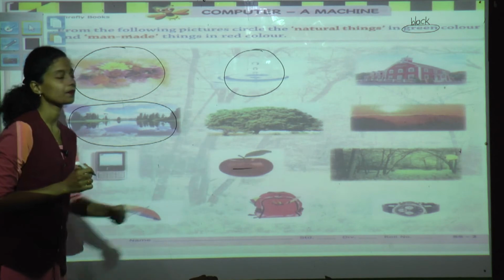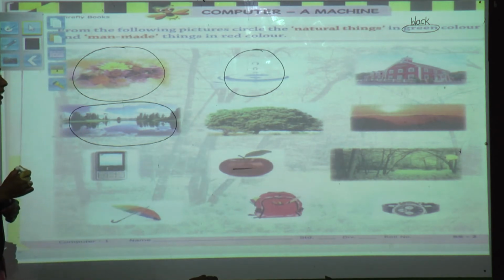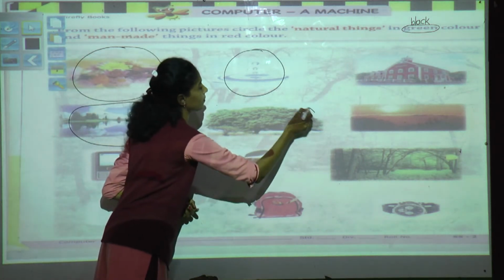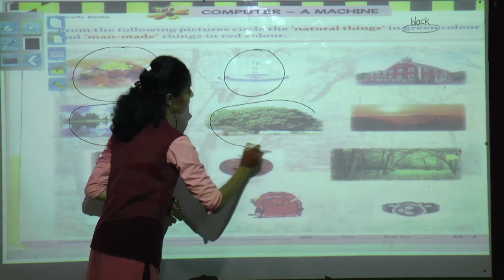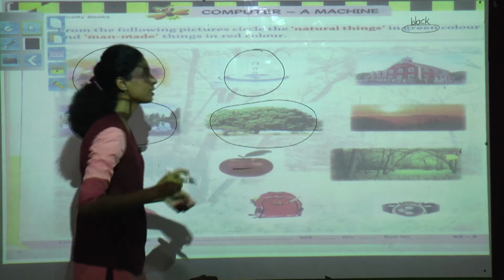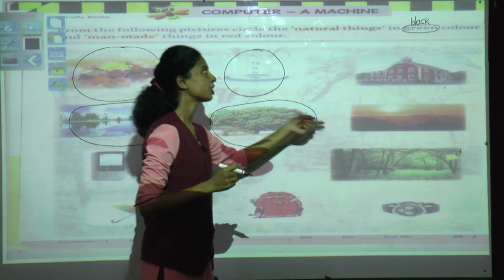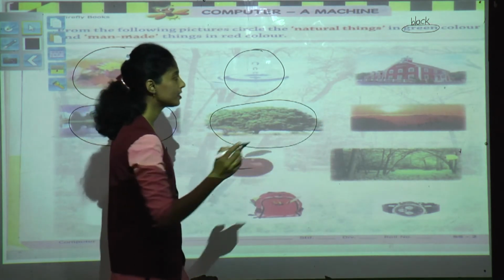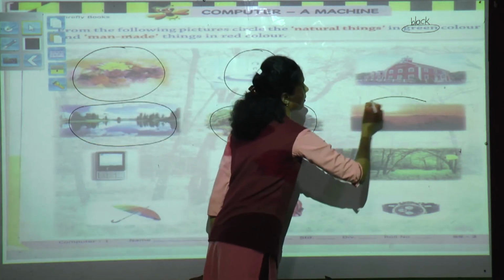What is this? This is a tree. Then is it a natural thing or a man-made thing? It is a natural thing. Then we have to circle. Next is a sun. It is a natural thing.